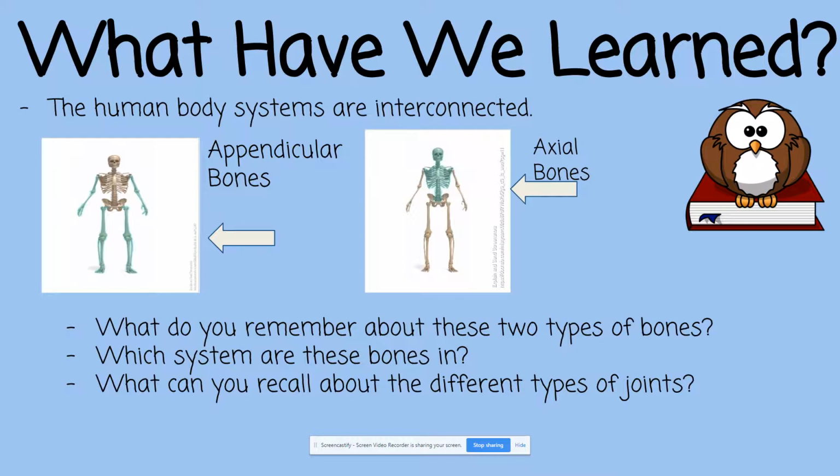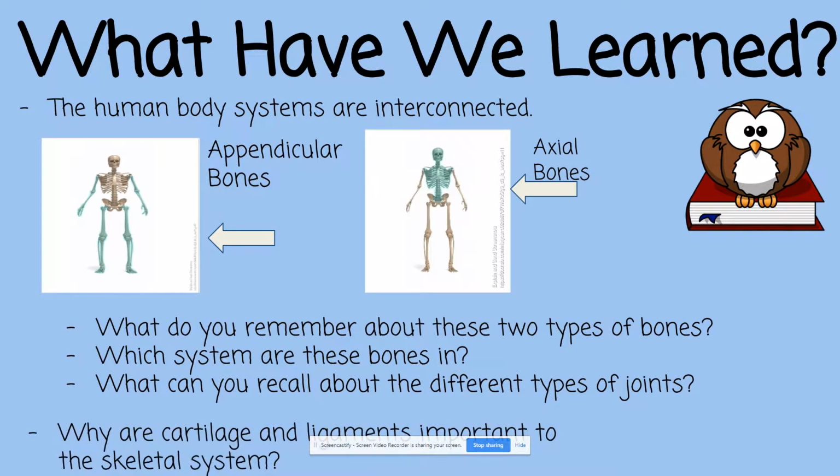Then we have a few joints in our body that move a little bit, not a whole lot. Those are the ones in our ribs that attach our ribs to our sternum, and they allow our rib cage to expand as we breathe.